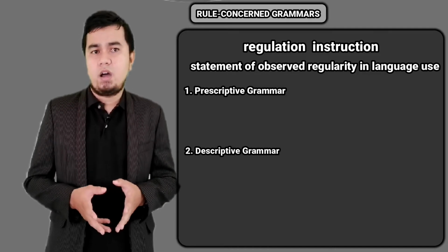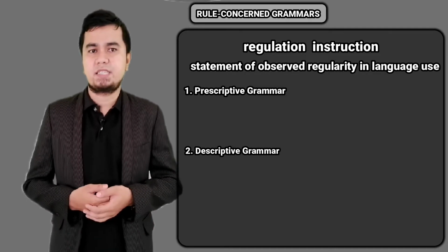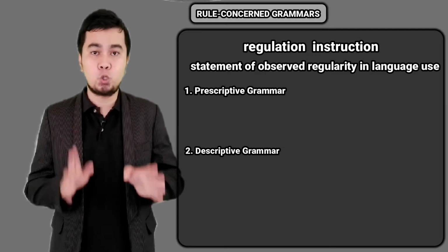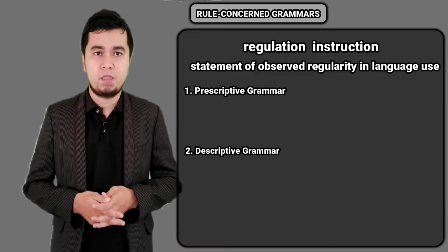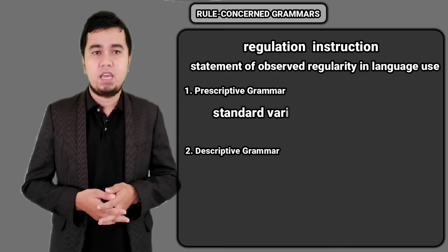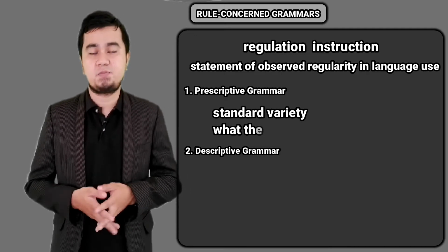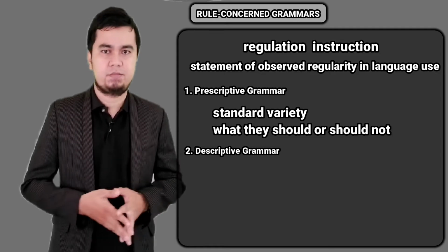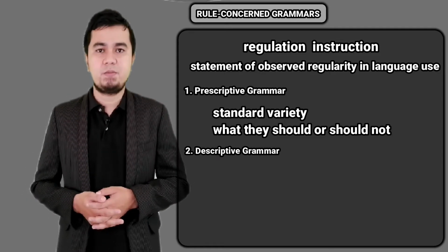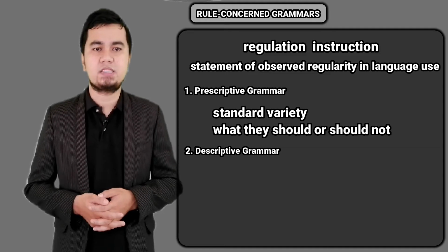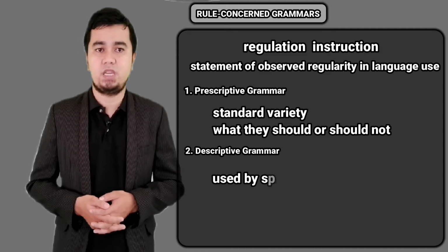Now, prescriptive grammar describes how language use should be and what rules should be followed. The focus of this is on the standard variety. It tells the speaker what should and what should not be done. Descriptive grammar, on the other hand, describes how a language is actually used by the speakers.